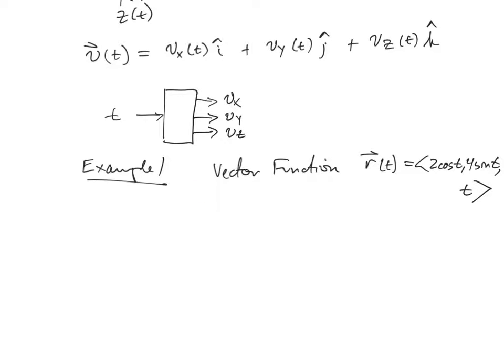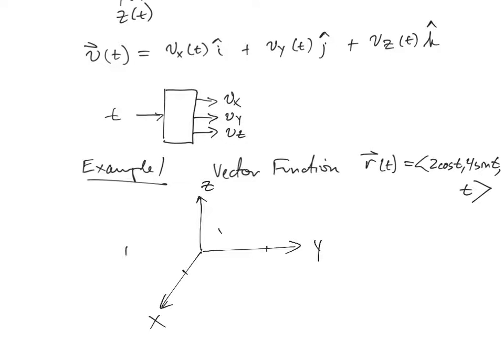And if I draw it, this is going to be hard. So x is going to go from -2 to 2, something like that. Y is going to go from -4 to 4, something like that. When t is equal to 0, where does this curve start? When t is equal to 0, cos of 0 is 1. It's going to start at an x value of 2 and a y value of 0.